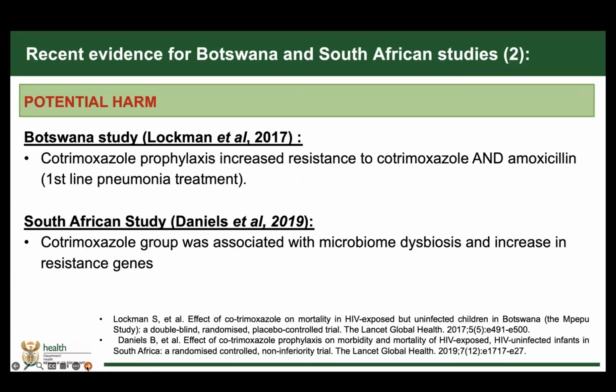In the Botswana study, they found an increased risk of both cotrimoxazole and amoxicillin resistance, and our first-line pneumonia treatment guidelines include cotrimoxazole for primary healthcare clinics. In the South African study, they showed that cotrimoxazole was associated with gut microbiome dysbiosis and an increase in resistance genes in these microbiota.